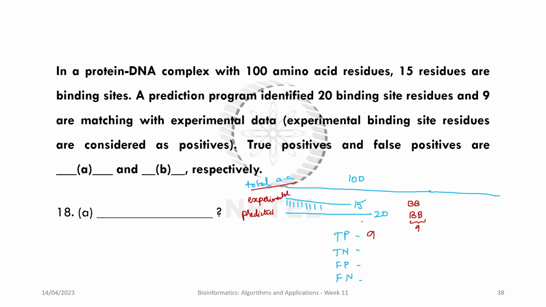So in other 11 places in predicted residues, you either have false positives or false negatives, or true negatives also. You never know. It can't be true negatives because 15 are all B's here. So the rest 11 is split between false positive and false negative. Okay. And 80 are true negatives. Correct?